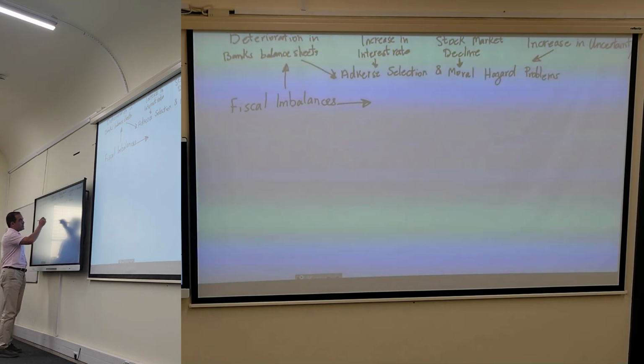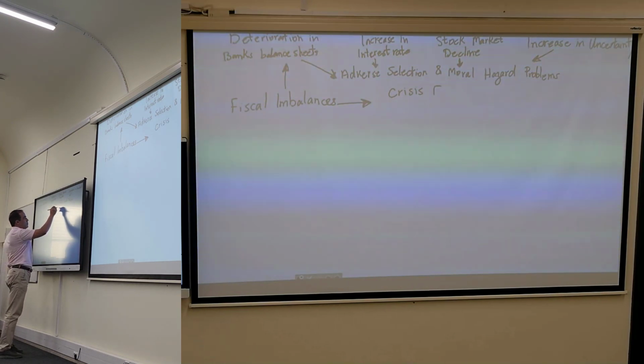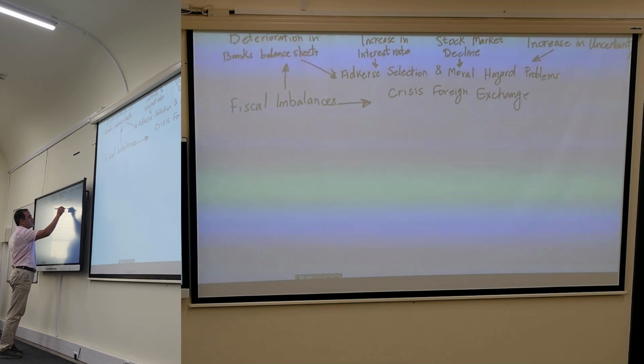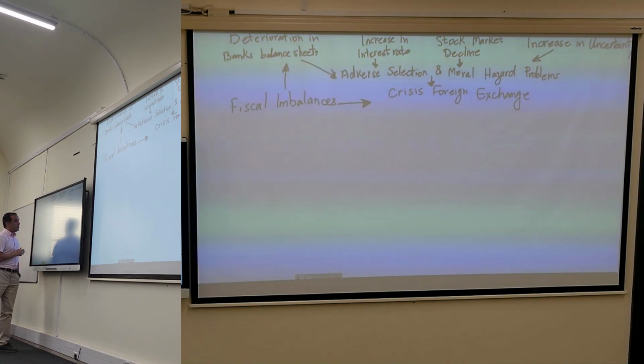That is a crisis that we might expect from what? The foreign exchange. Okay, so this would be the result of the fiscal balances and also the adverse selection and moral hazard problems.